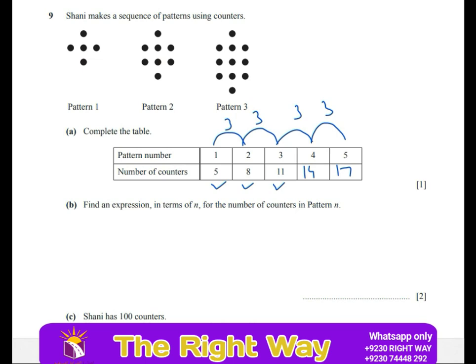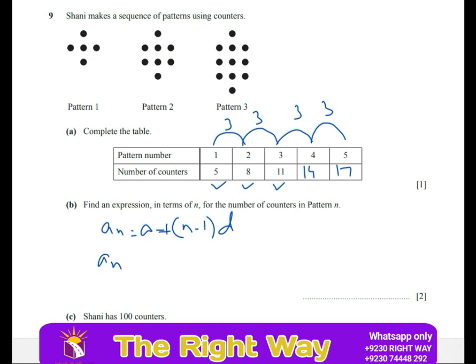Find expression in terms of n for the number of counters in pattern n. We know that an is equal to a plus n minus 1 into d, where an is the nth term, a is the first term, n is the number of terms, and d is the common difference.